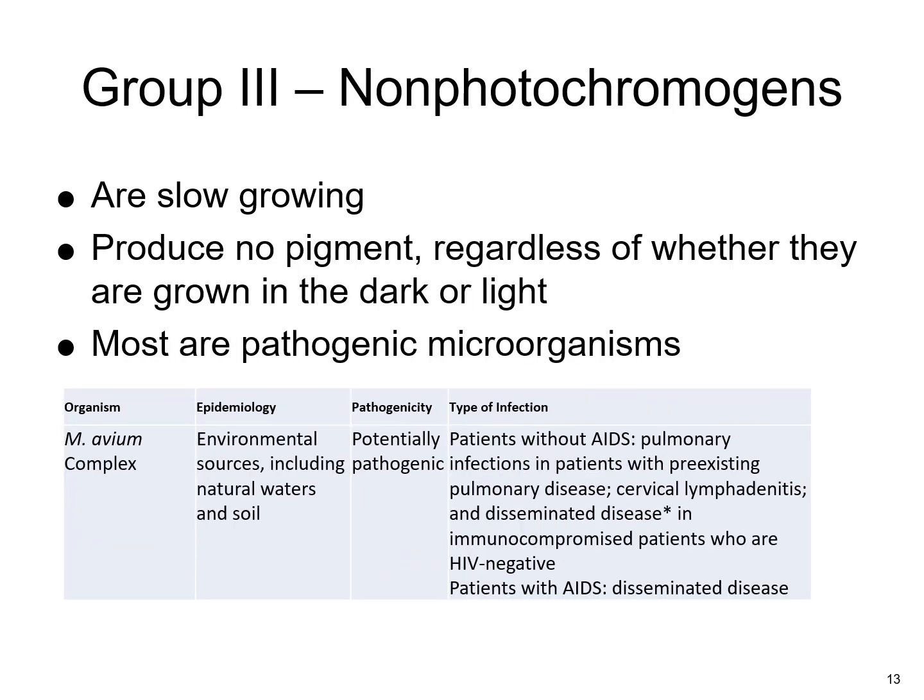Within group 3, these are the organisms that do not produce any pigment, and these are pathogenic. So within the Mycobacterium avium complex, you do have several sources, which includes natural waters and soil. And it's usually within patients that do not have AIDS.